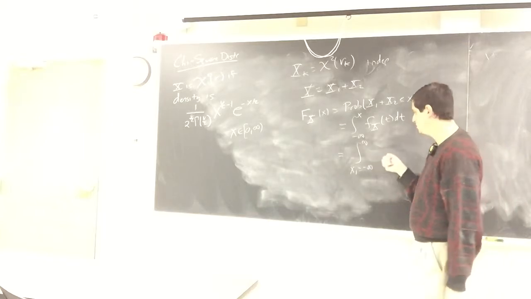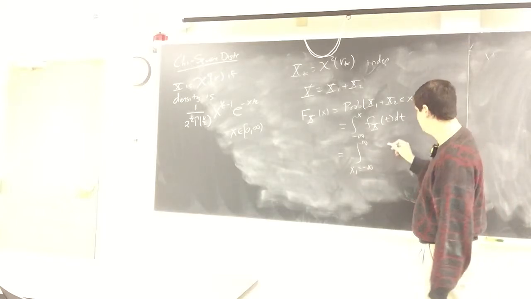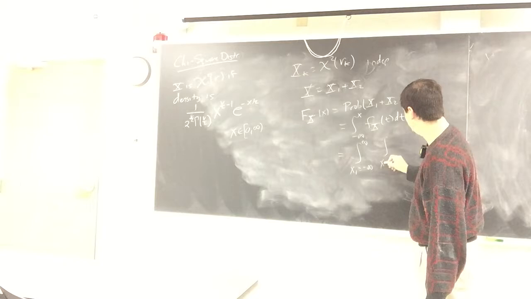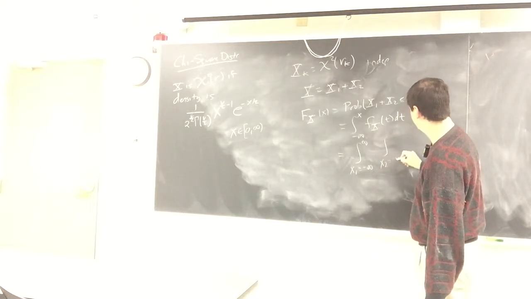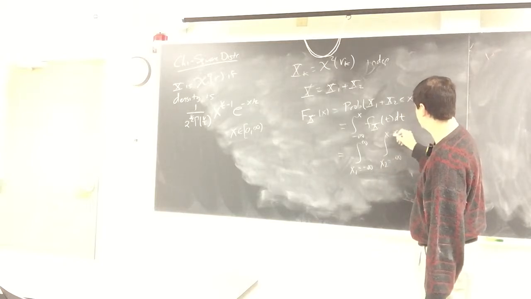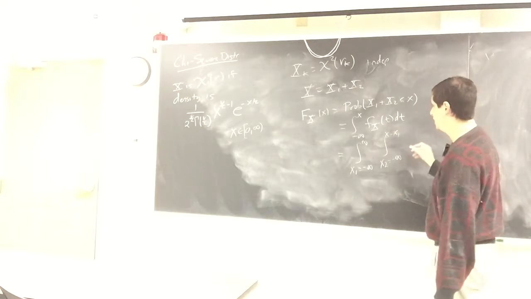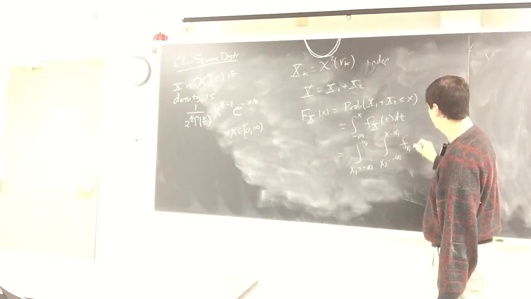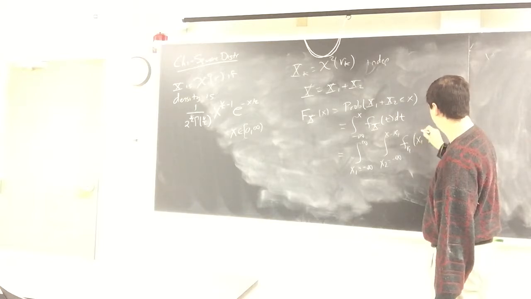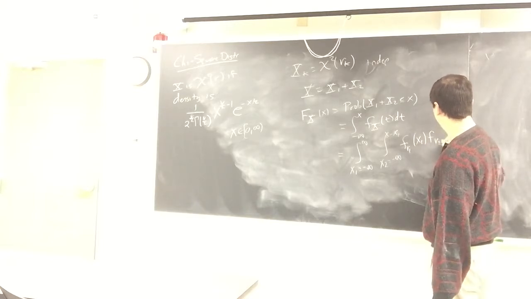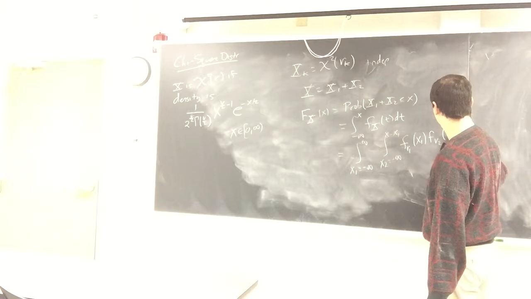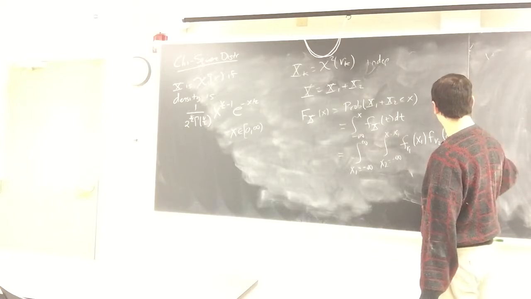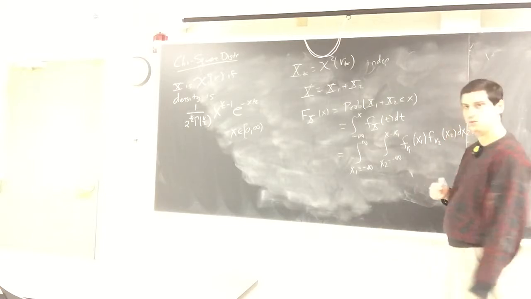I'll write it explicitly like this. x1 goes from minus infinity to infinity, and then x2 goes from negative infinity to x minus x1. And then I have the density, I'll call it f nu 1 of x1, and then the density f nu 2 of x2, dx2 dx1.